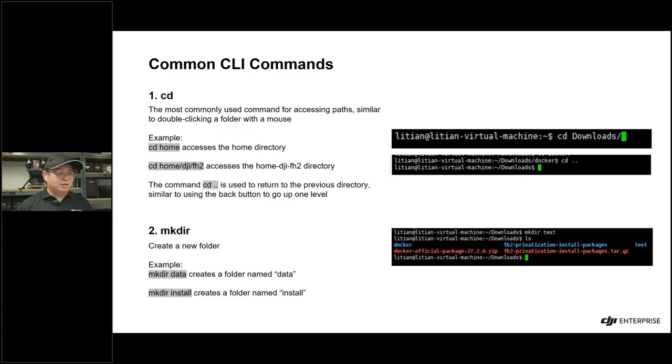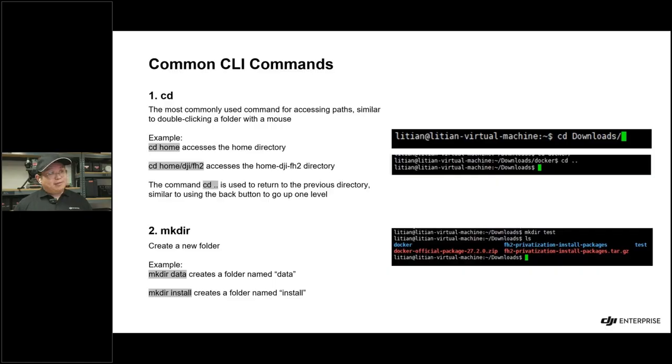That's going to create a folder named data. Similarly, if you type install, that's going to create a folder named install. The reason we do these two is because you need to create your own folders, and these folders will be used for installation files as well as the data collected by FlightHub 2 on premises.